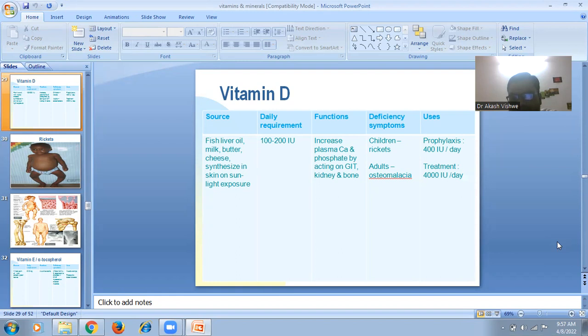Uses: for prophylaxis, we use vitamin D at 400 international units per day. If you are treating the patient, then 4,000 international units per day of vitamin D is used.